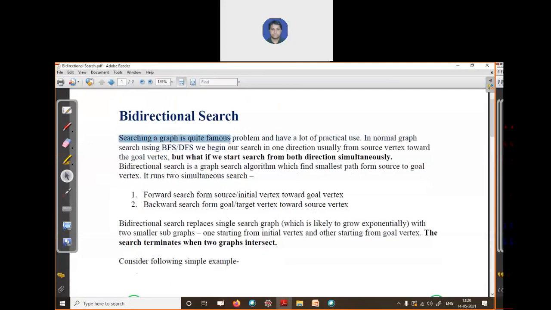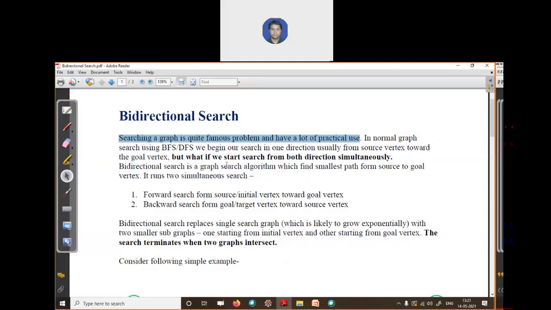Searching a graph is a quite famous problem and has a lot of practical use. In normal graph search like BFS and DFS, we begin our search in one direction, usually from source to our goal state. But in bidirectional search, we start the search from both directions simultaneously.